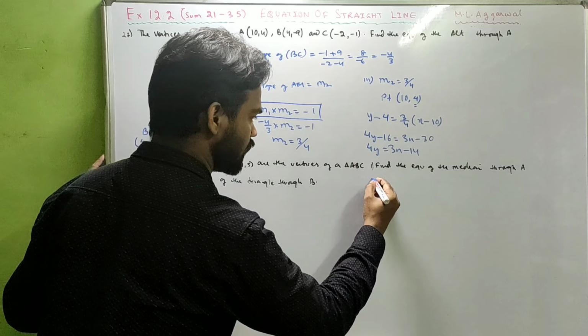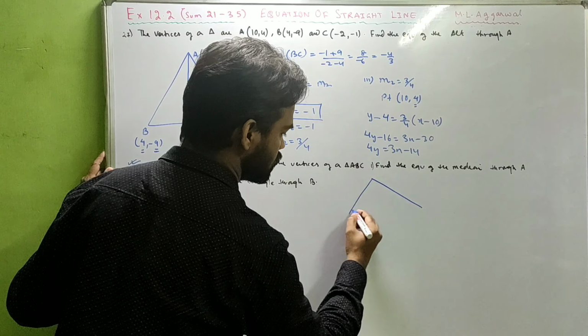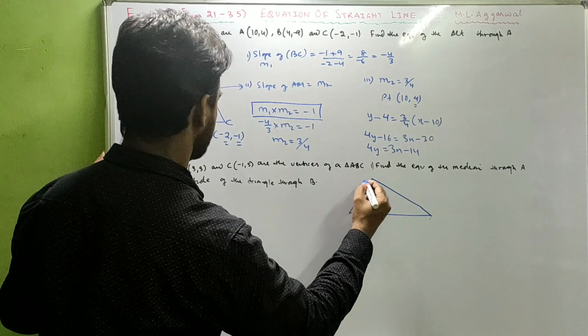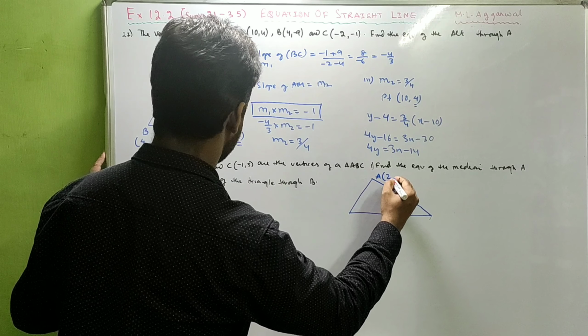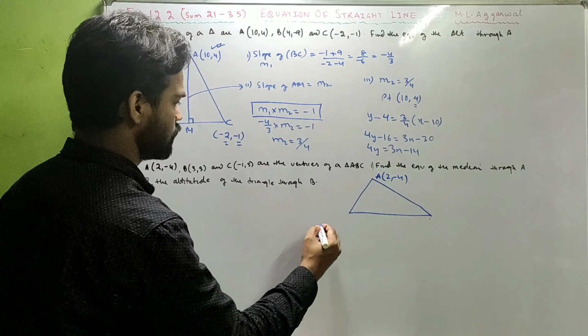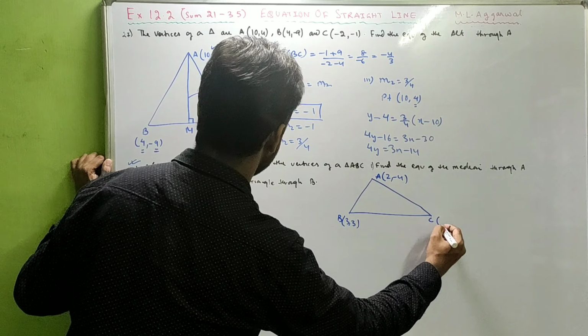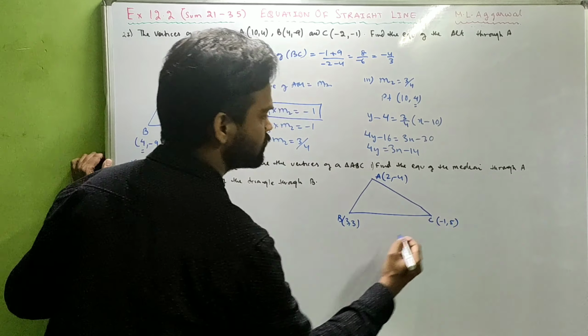Let us draw a triangle. Always draw, okay? That is quite helpful. So your A is (2, minus 4). Your B is (3, 3). And your C is (minus 1, 5). Isn't it?